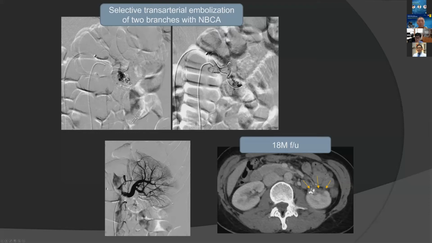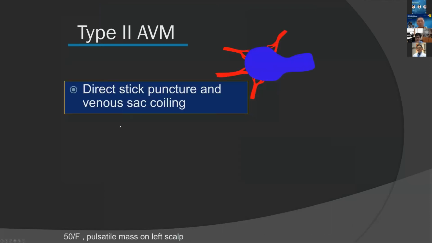However, you can see some parenchymal staining was gone. So follow-up CT shows there is a parenchymal infarction after the treatment in this patient. If the transvenous access is not possible, direct puncture of the nidus and coiling is effective for the patient.